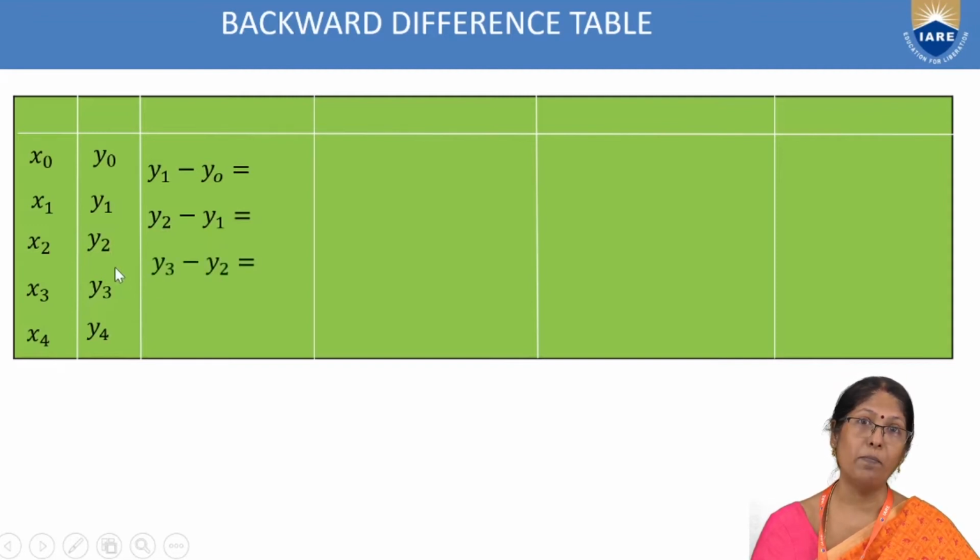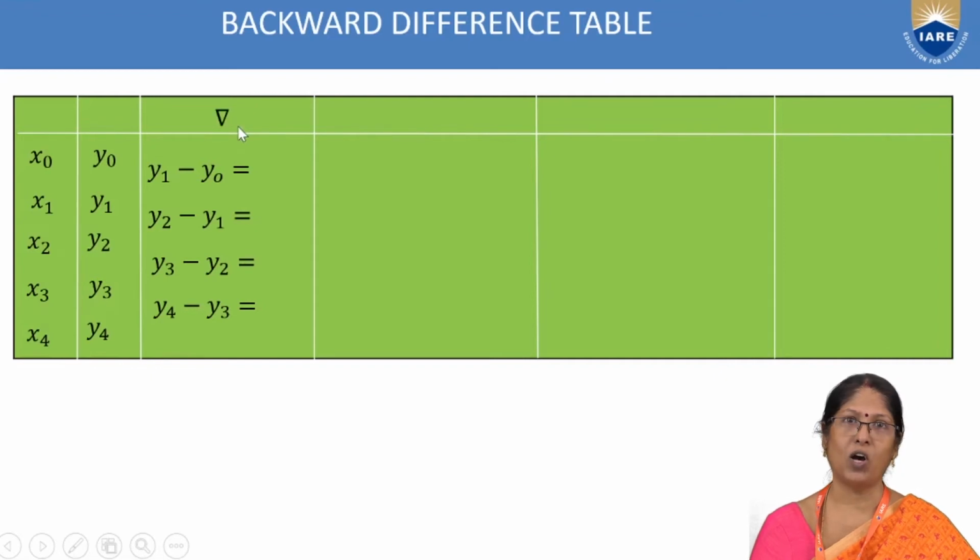Next, y3 minus y2, and y4 minus y3. You can see here the operator, the inverted delta. It is called del, the backward difference operator. We will call it del.